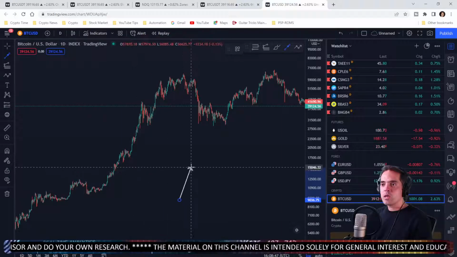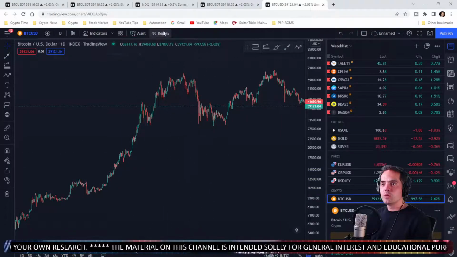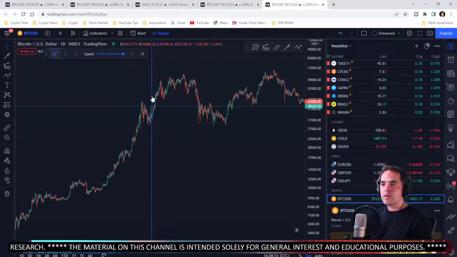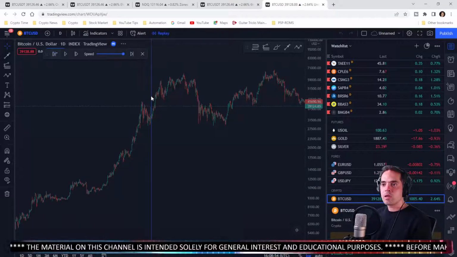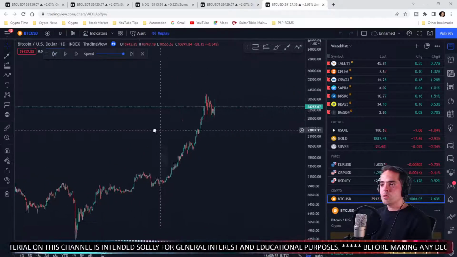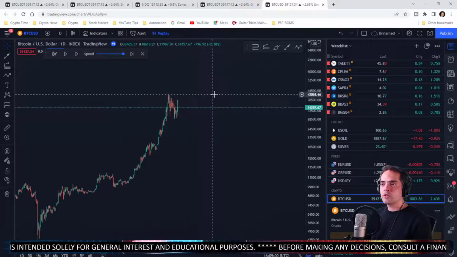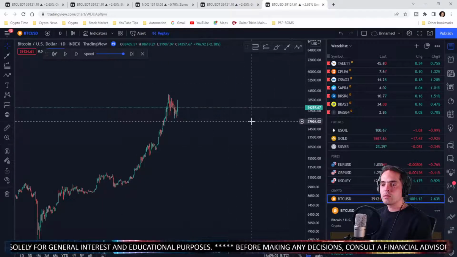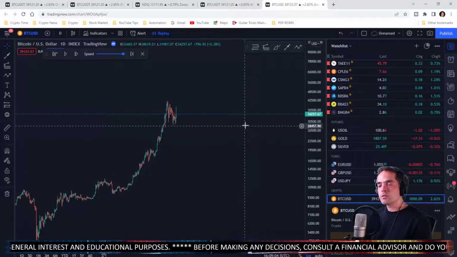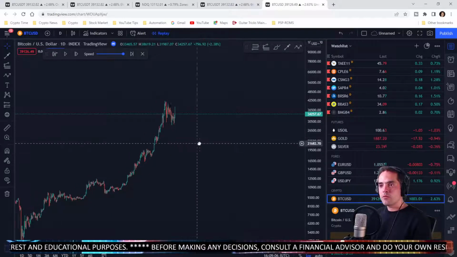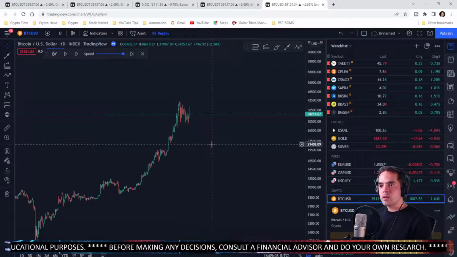So what we can do is use the replay tool to make that easier to see. Let's assume now we don't know what's going to happen next. I think that's easier to understand if we use the replay tool.